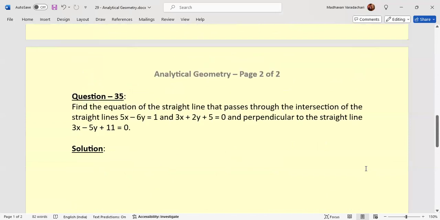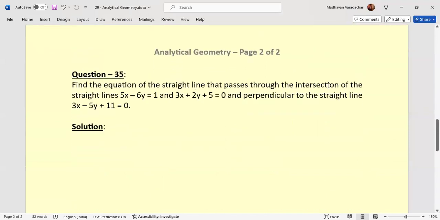Question number 35. Find the equation of the straight line that passes through the intersection of the straight lines 5x minus 6y equal to 1 and 3x plus 2y plus 5 equal to 0 and perpendicular to the straight line 3x minus 5y plus 11 equal to 0.